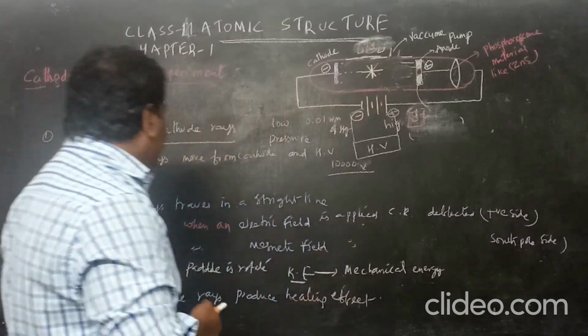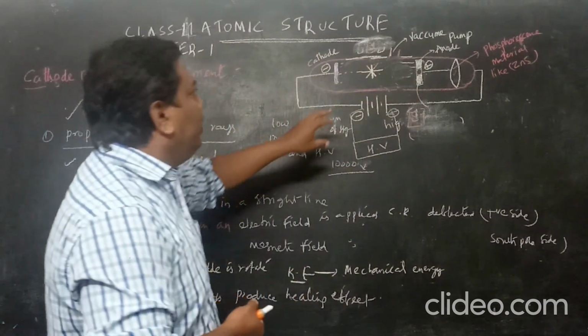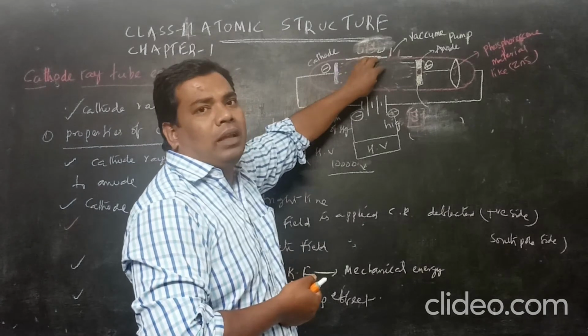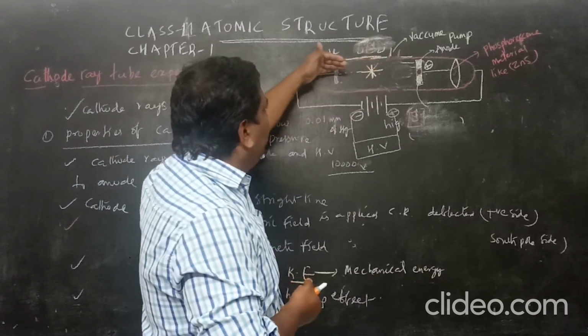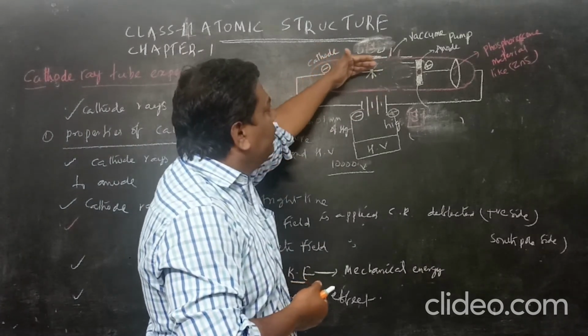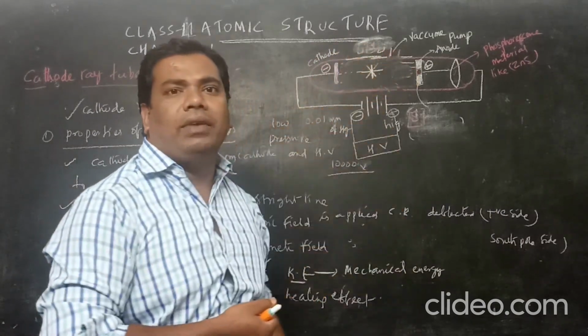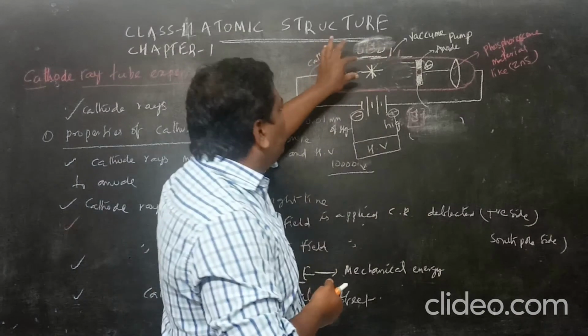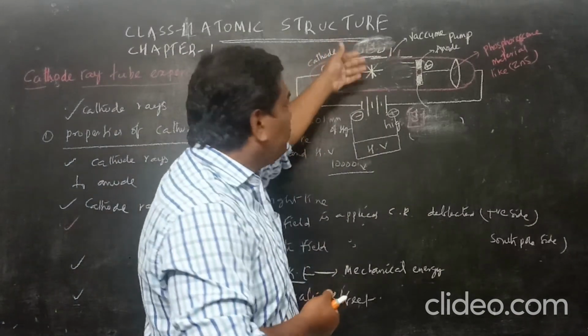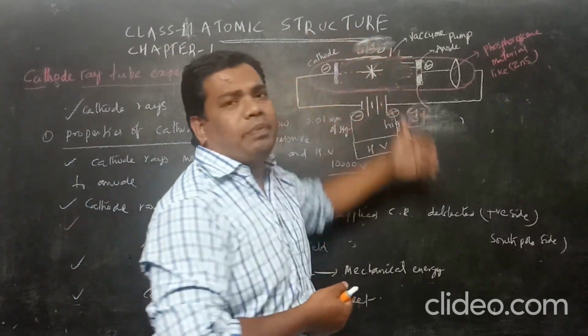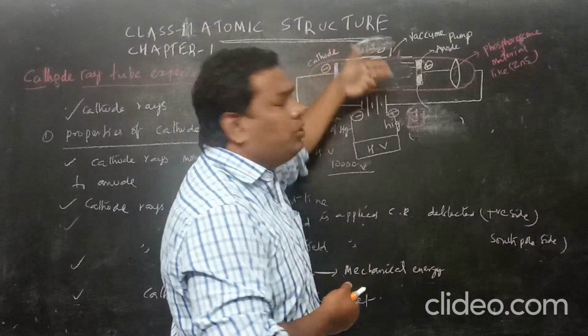Then the next property: when we place a paddle wheel, these cathode rays rotate this wheel, which indicates that the cathode rays have kinetic energy. This kinetic energy turns into mechanical energy due to this rotation.